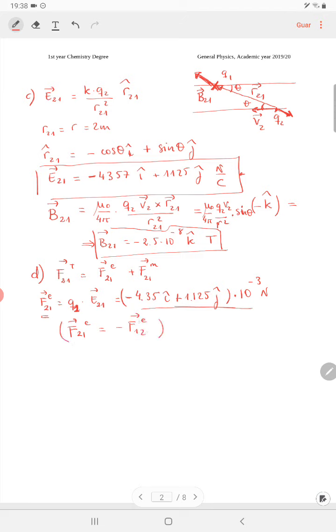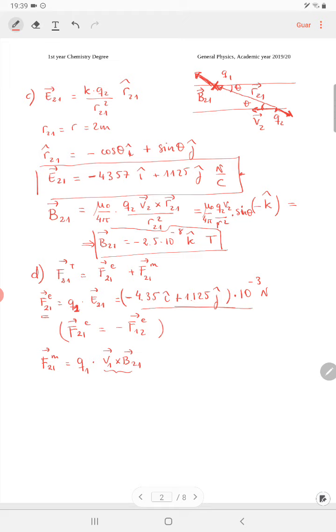Okay, on the other hand, the magnetic part is going to be given by the first charge times the cross product between its velocity and the magnetic field exerted where this charge is. Again we can discuss this cross product, and as you see, v1 belongs to the screen plane, while the magnetic field is perpendicular.